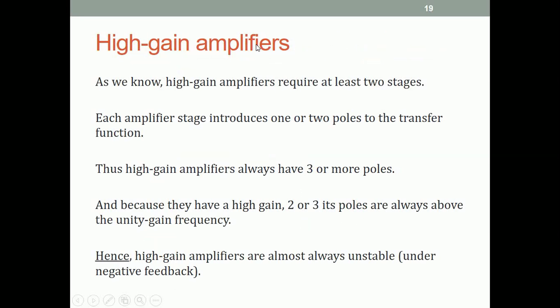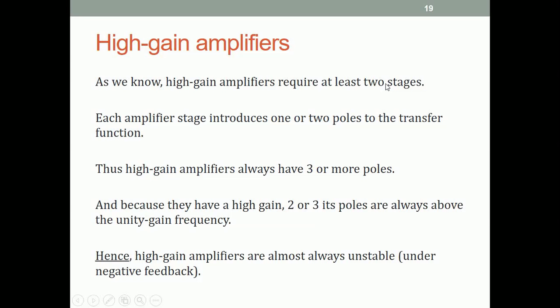So let's think about high gain amplifiers. Now we've looked at high gain amplifier configurations. We know that high gain amplifiers require at least 2 stages of amplification. So either we have the 2-stage op amp, or we have the cascode, the telescopic or the folded. Cascode is basically 2 stages, effectively a common source followed by a common gate.